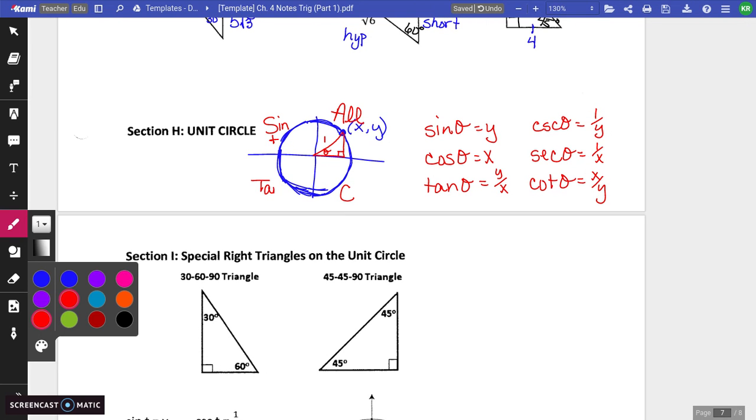Third quadrant, tangent and cotangent will be positive. Sine and cosine will both be negative. And fourth quadrant, cosine is positive, sine and tangent will be negative. And that should be written on your unit circle from when we did it previously.